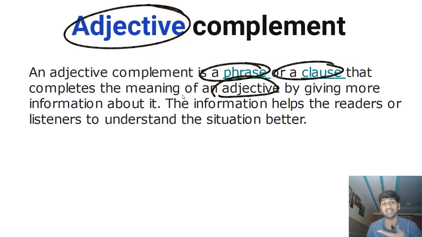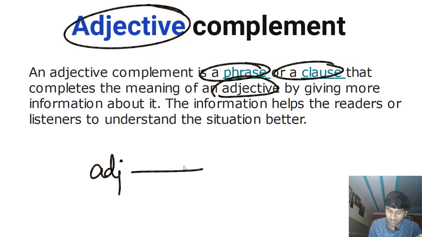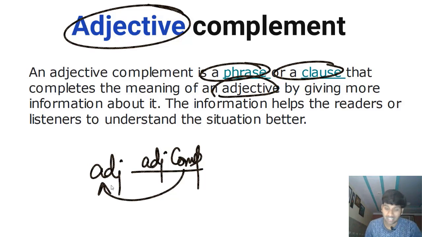So it is something that comes right after an adjective, right, and completes the meaning of an adjective. So the information it gives about the adjective helps the readers or listeners to understand the situation better.